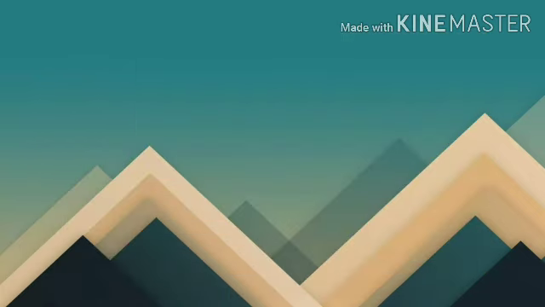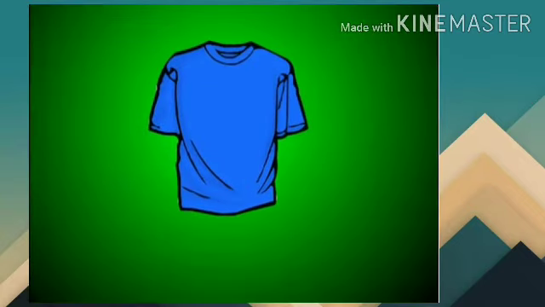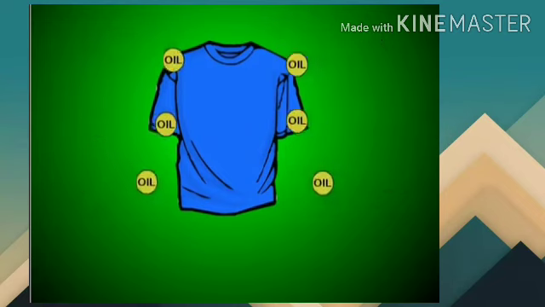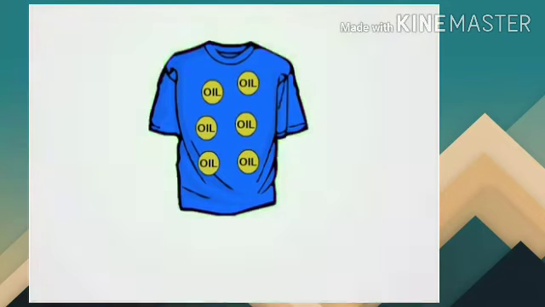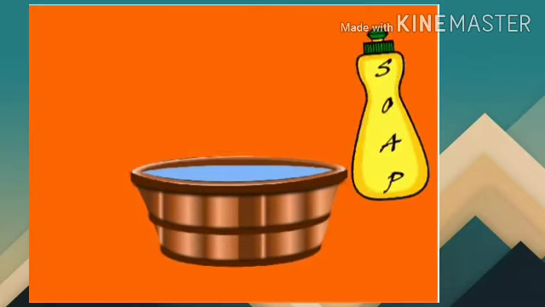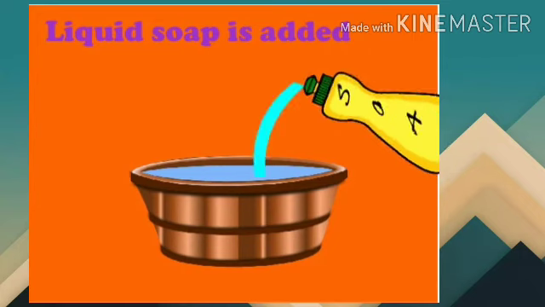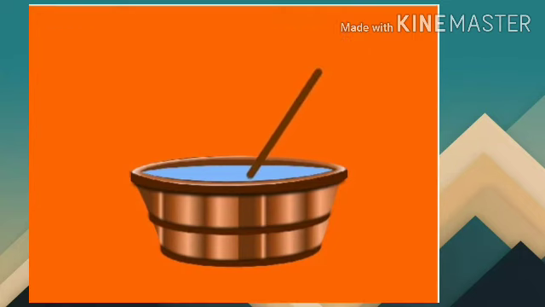Let us see an experiment. This is a soap molecule. This is a shirt. There are oil or dirt particles on the shirt. We have taken water. We add liquid soap and we stir it properly.